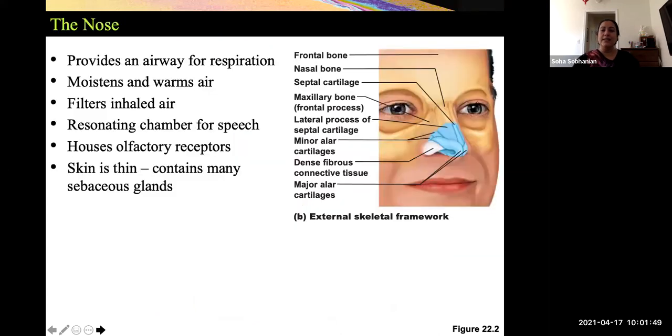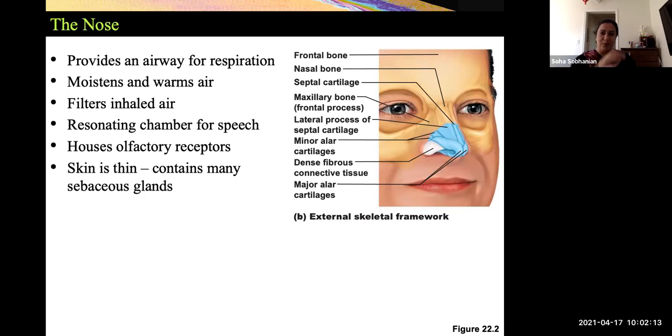So let's go ahead and start looking at each of the organs of the respiratory system and learn a little bit more about each of them. So we're going to start with your nose. So first of all, your nose actually has two major parts. So you have the bony part of your nose, which is basically called the nasal bones. The two identical bones that are found right up here.